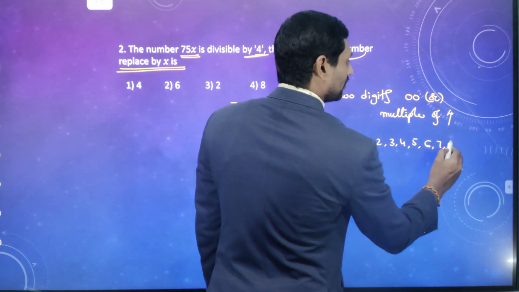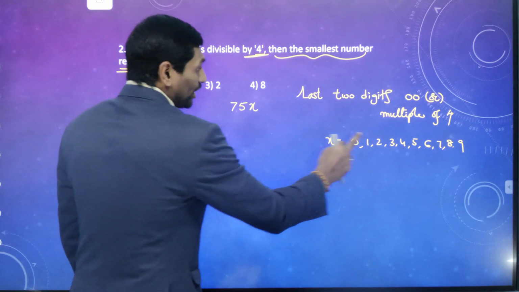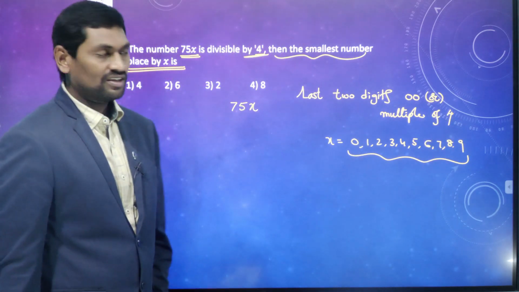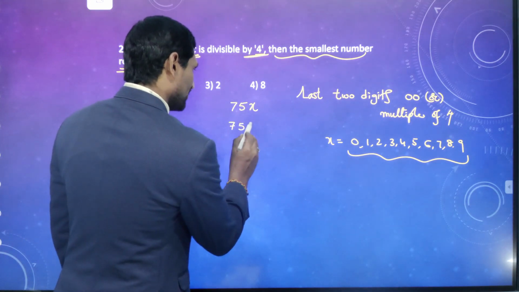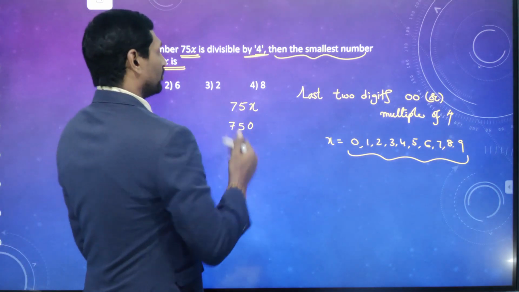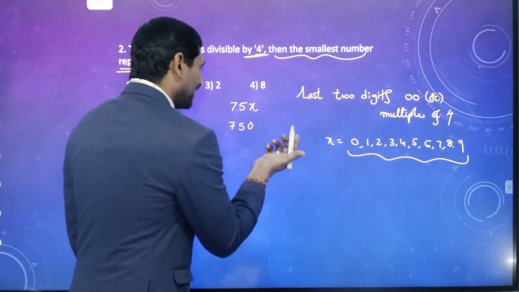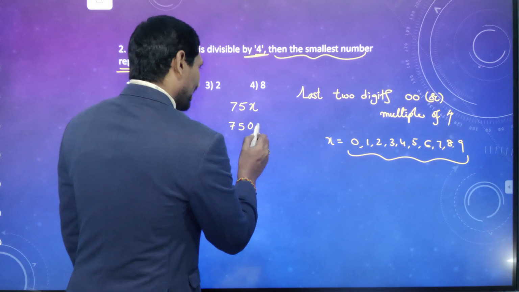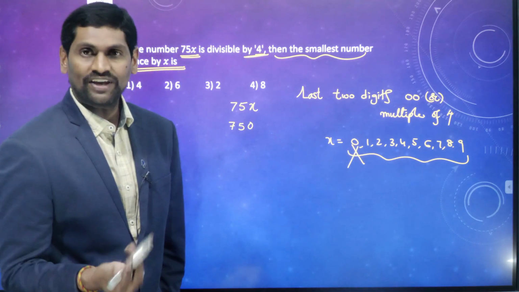The x value can be any one of the digits from 0 to 9. I am taking x value 0 once. That means 50. According to the divisibility rule, the last 2 digits must be divisible by 4. 50 is not a multiple of 4. So we cannot take 0 in the place of x.